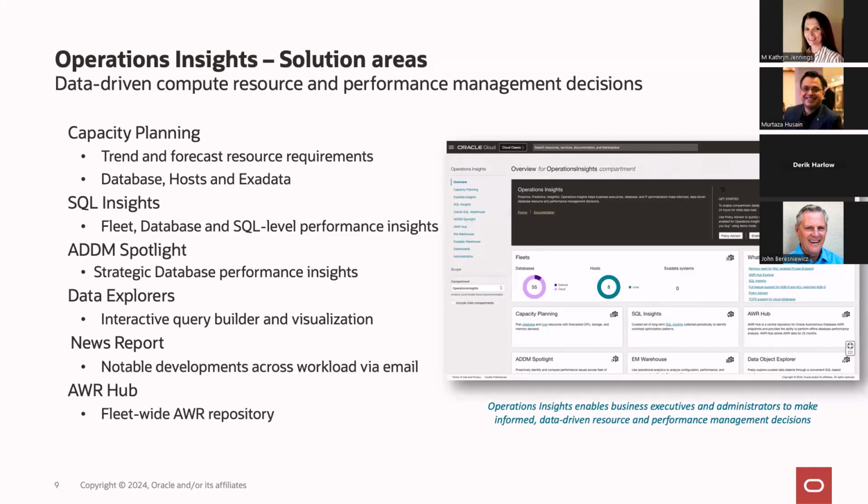You have linear models, and you have seasonality-aware models that look at the seasonality of the data. We have also integrated with OCI's AutoML service to give you a granular way of looking at cyclicality within cyclicalities, or data a little bit beyond that, to do the prediction or forecasting for your capacity, whether it's on databases, hosts, or Exadata systems.